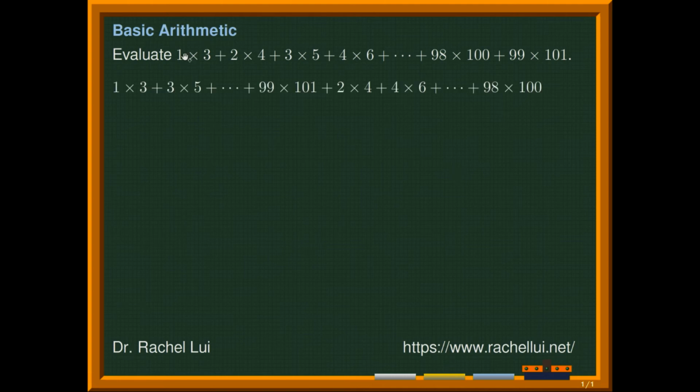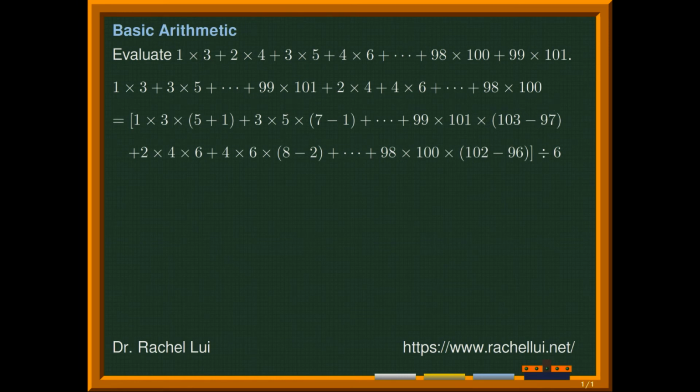I will organize them as 1 times 3 plus 3 times 5 until 99 times 101. So I will put all the odd terms on the left side of the expression. And then I will add all the even terms, that is 2 times 4 plus 4 times 6 and so on until 98 times 100.